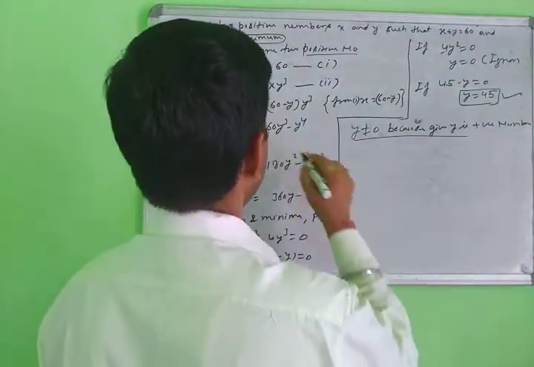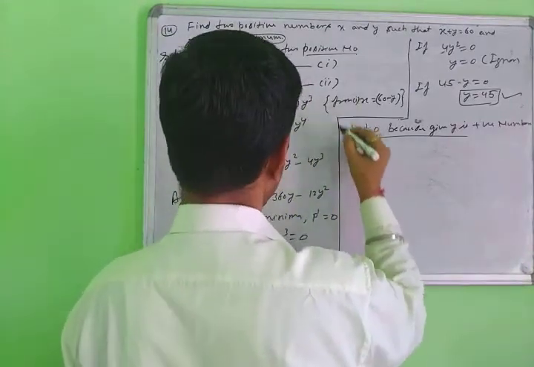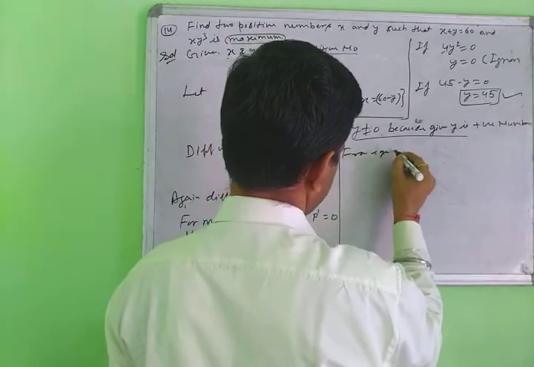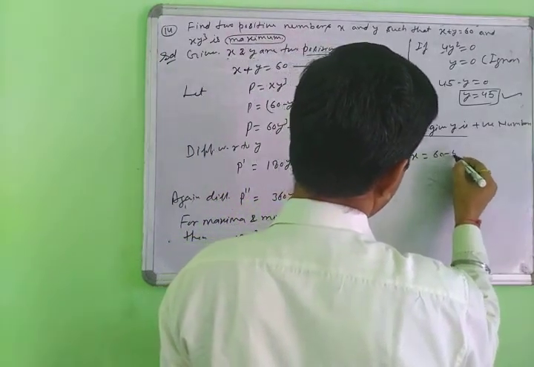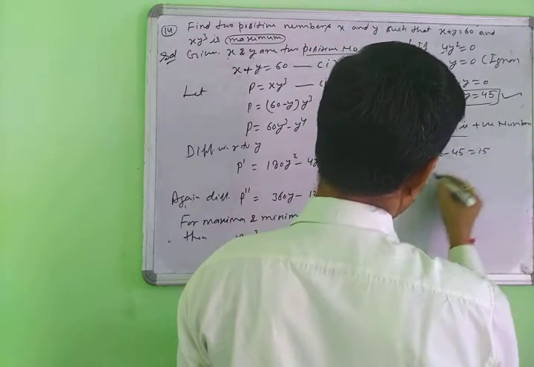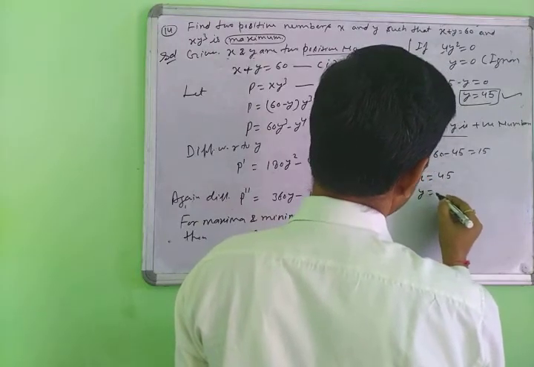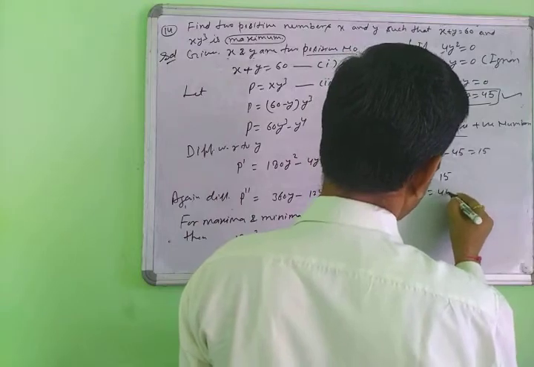Now putting the value into the first equation, x equals 60 minus 45, what is left is 15. The value of x is 15 and the value of y is 45.